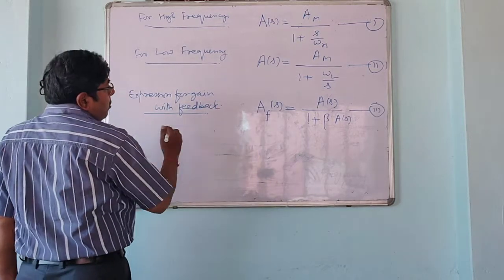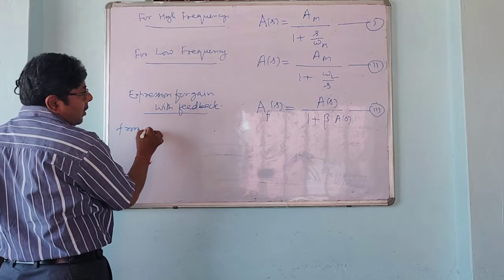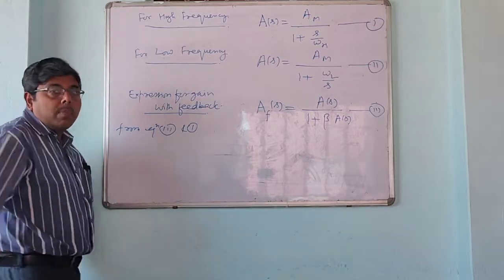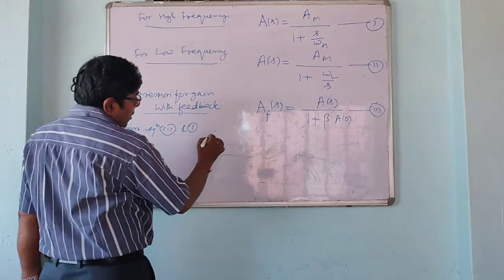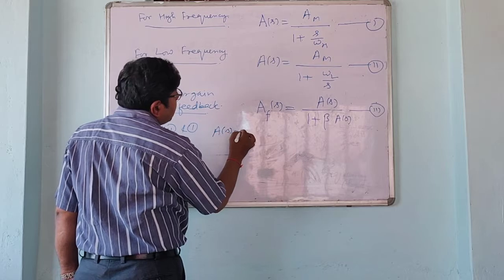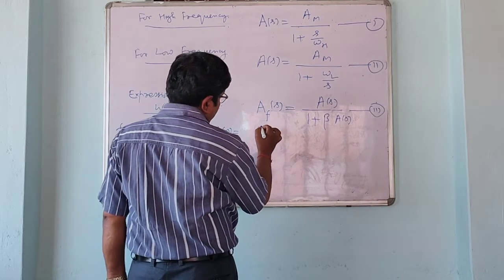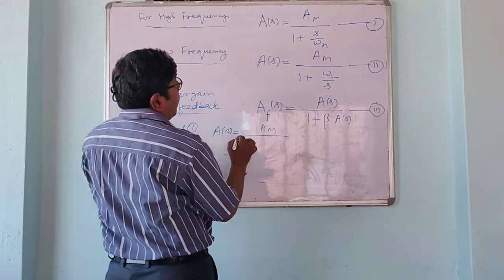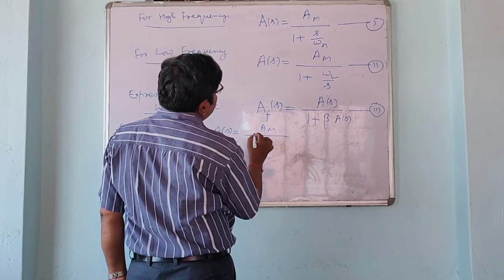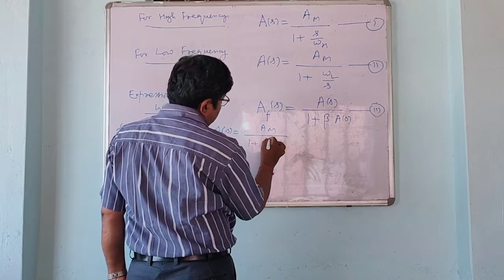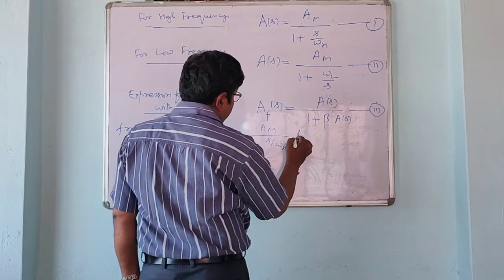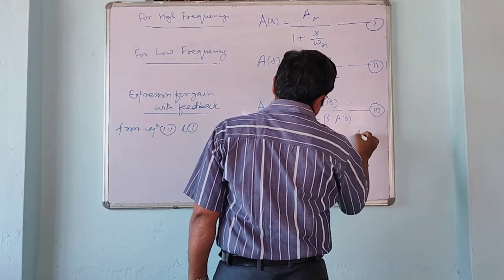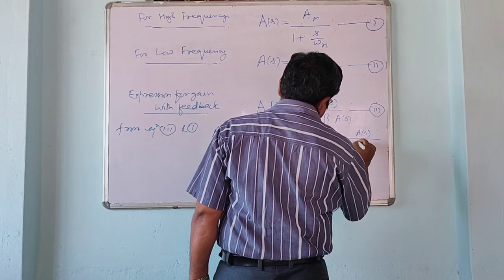Now putting this value from equation 3 and 1, we can show that A(s) equals A_M divided by 1 plus s upon omega H, and another equation is this: A_F equals A(s) upon 1 plus beta A(s).